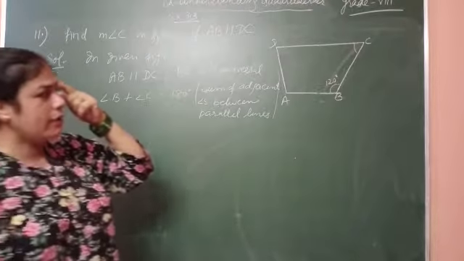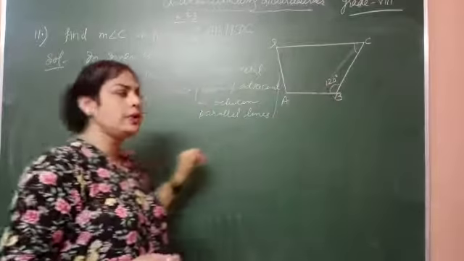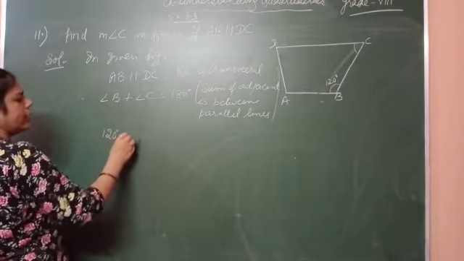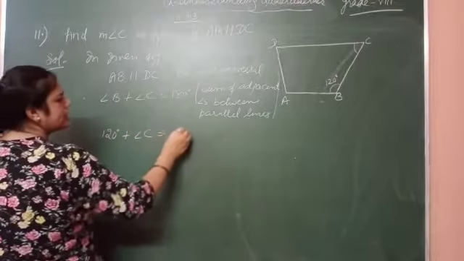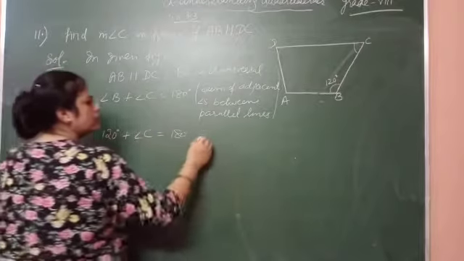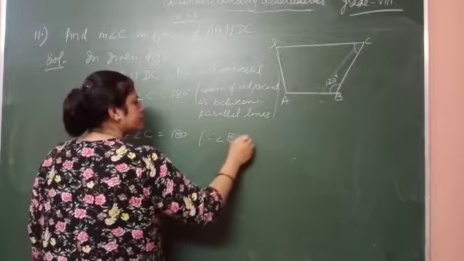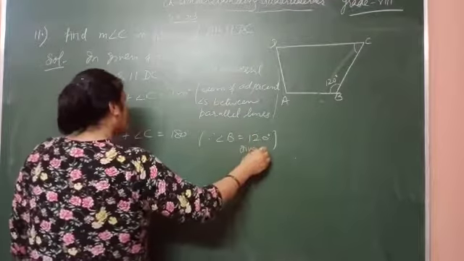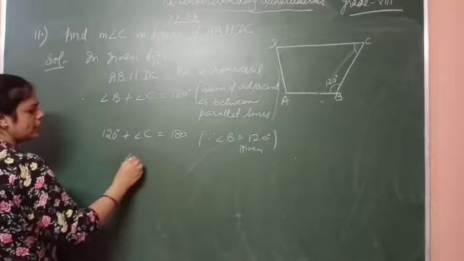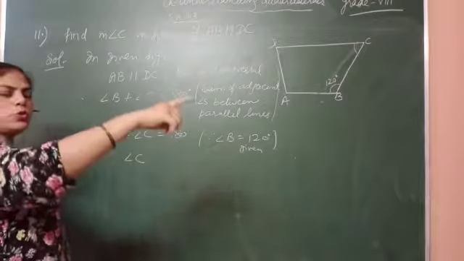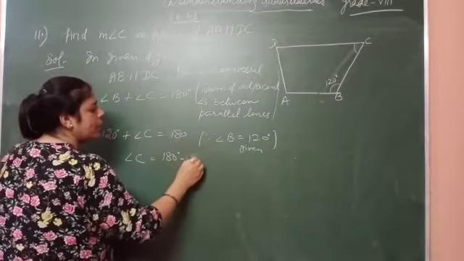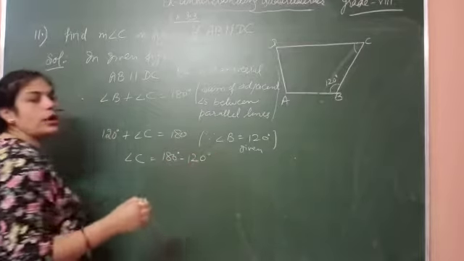Now here we have given angle B is 120 degree. So we are putting the value, angle B is 120 degree. You have to find angle C. So what is the value of C? 120 transposed to the right hand side becomes minus 120 degree: 180 degree minus 120 degree.